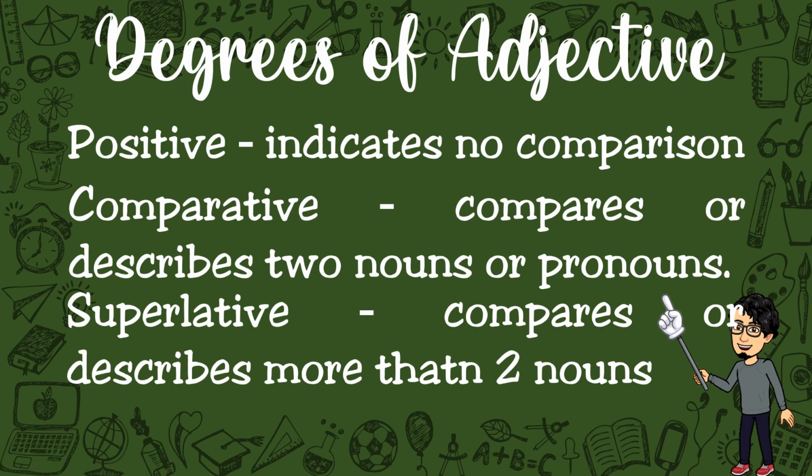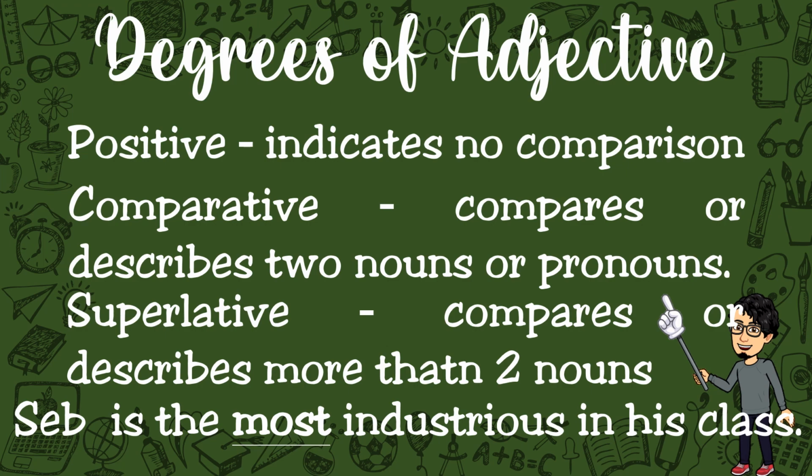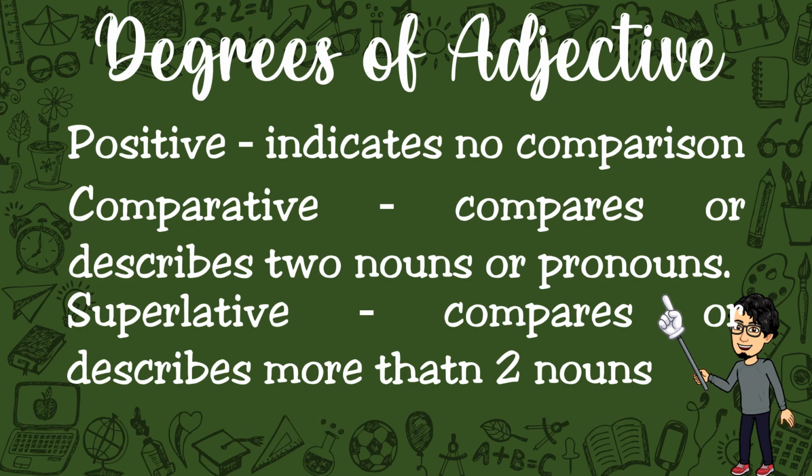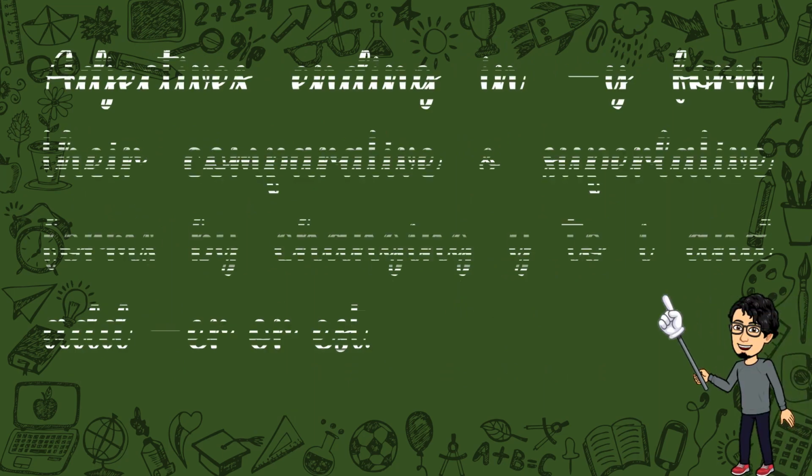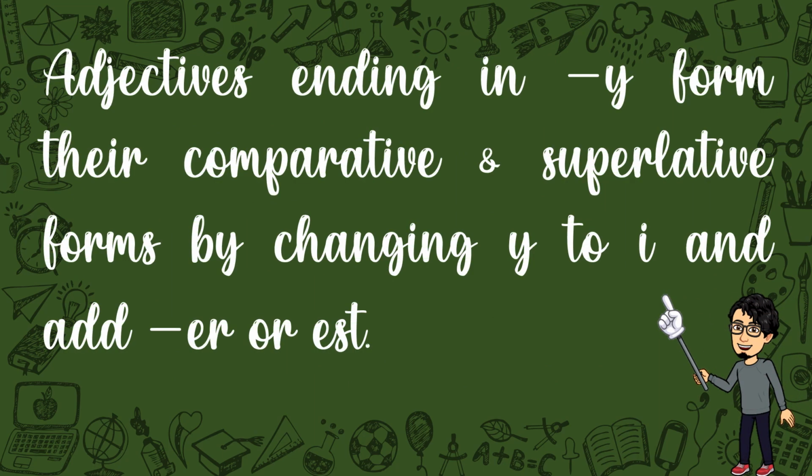It is formed by adding est or by adding most before the adjective. For example, Seb is the most industrious in his class. Adjectives ending in y form their comparative or superlative forms by changing y to i and adding er or est.